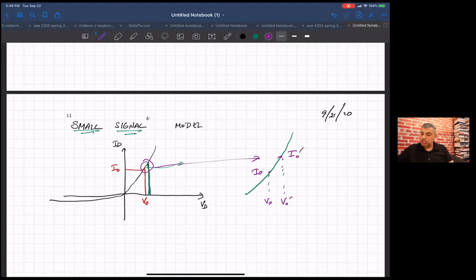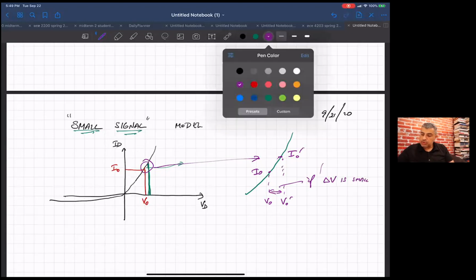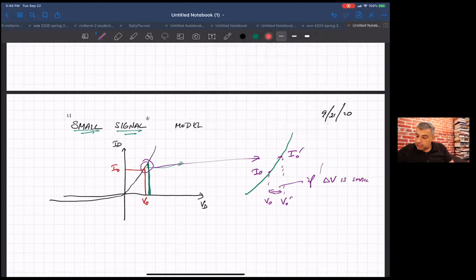So I'm just zoomed in here. Basically, the idea is that if delta V is small, then I can pretend this curve is just a straight line as opposed to an exponential.